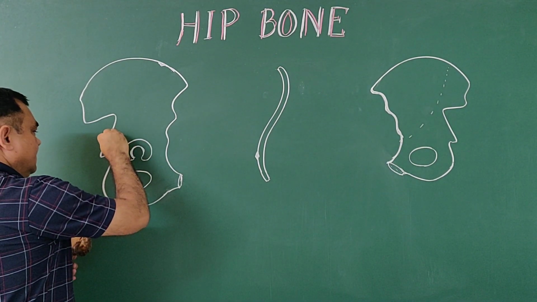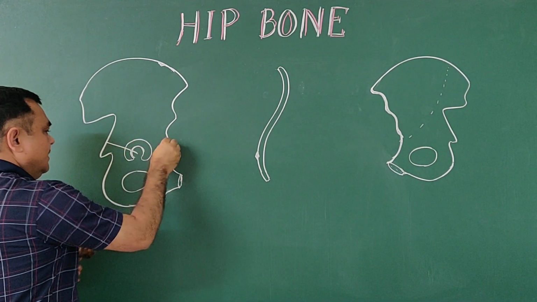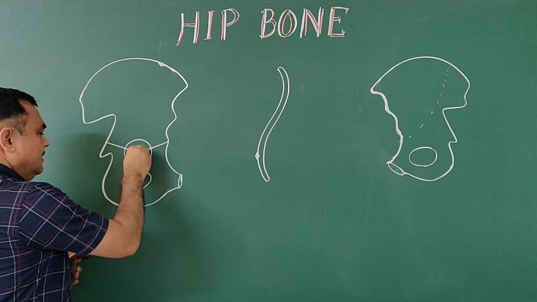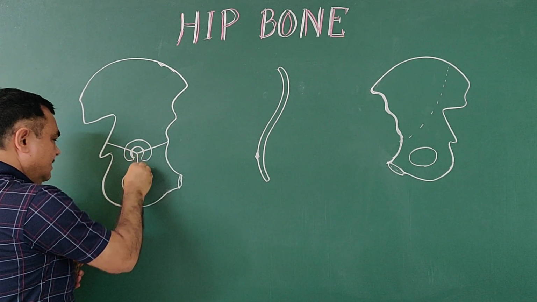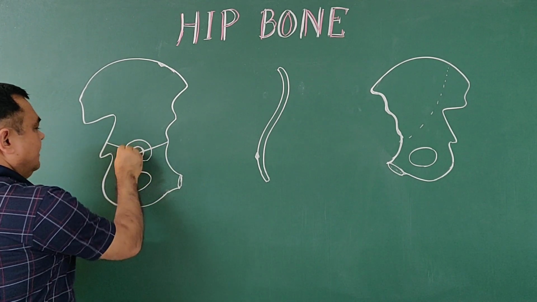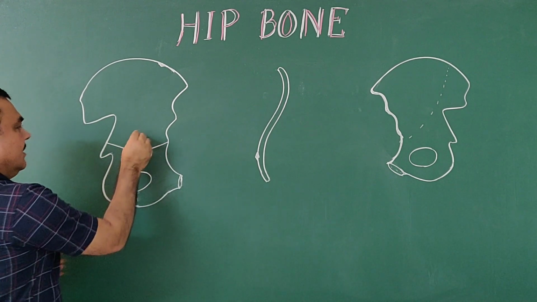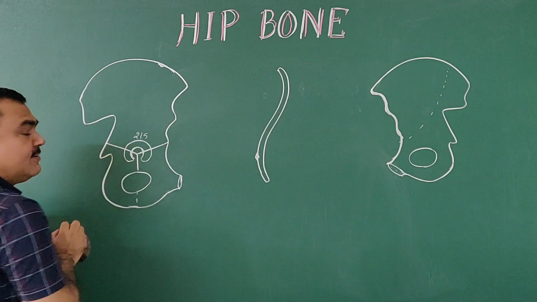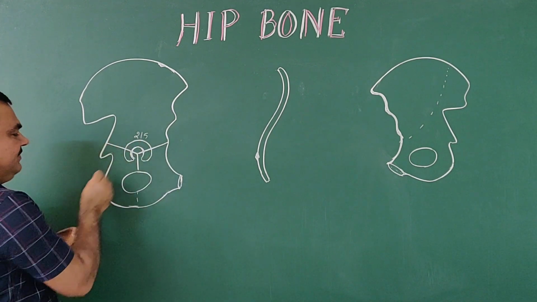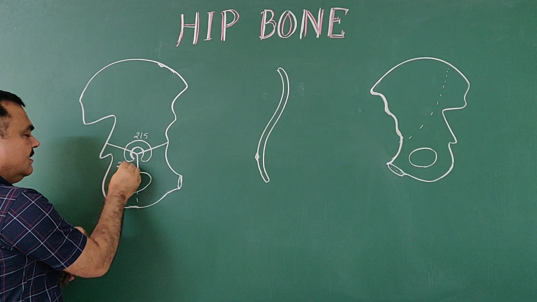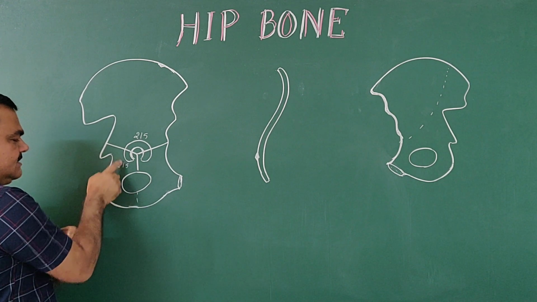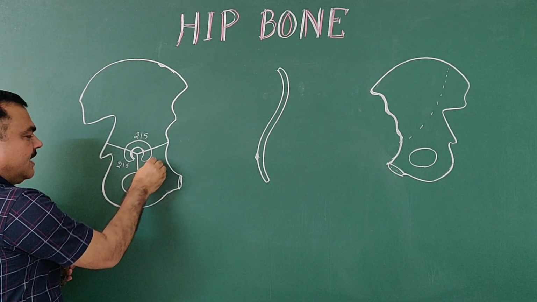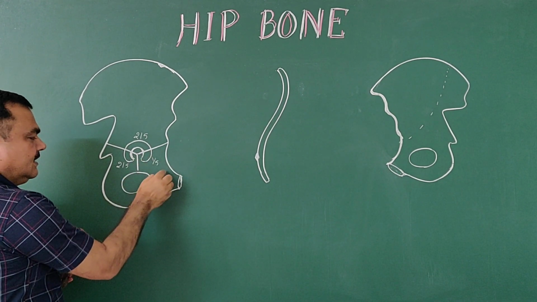Here is the acetabulum. About 2/5 part of the acetabulum is formed by the ilium, 2/5 part by the ischium, and 1/5 part by the pubis.